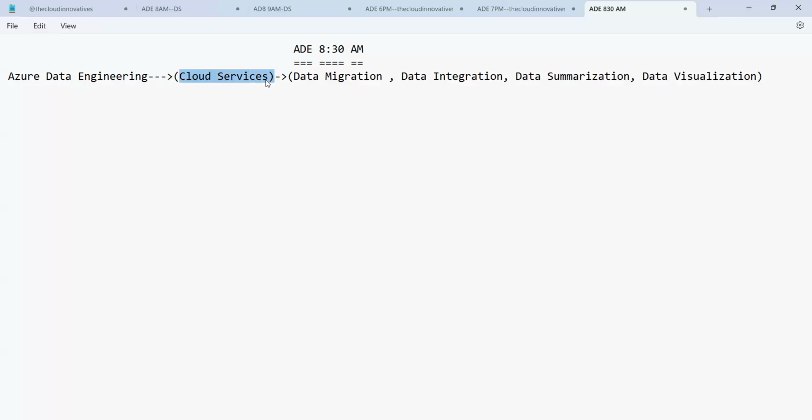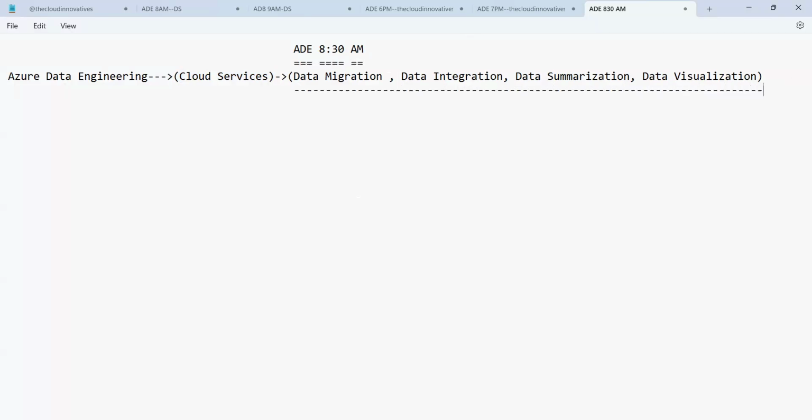So in broad, we can say the Azure Data Engineering is a bunch of cloud services wherein it provides data migration, data integration, data summarization, and as well as data visualization. Everyone, yes, please respond. So these are all the cloud services we can use.